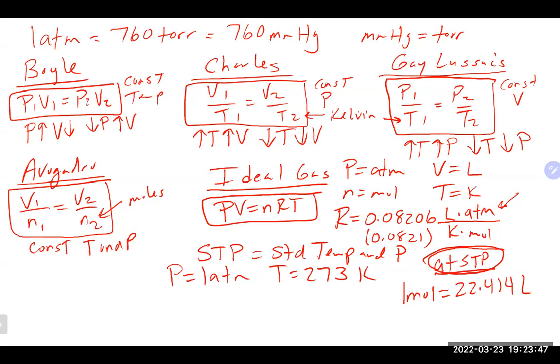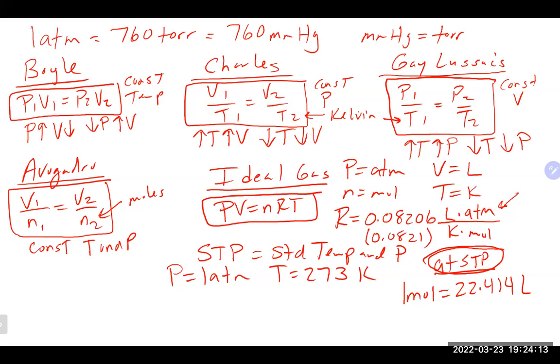The temperature does need to be 273, and the pressure does need to be 1 atmosphere. If it's not one of those two things, then you cannot use that conversion. The reason you might want to use that conversion factor is that under STP conditions, it could help you not have to use the ideal gas law. So you could skip the ideal gas law and use that conversion.